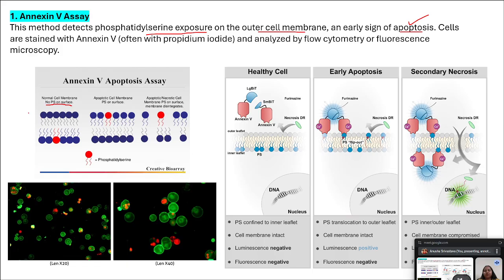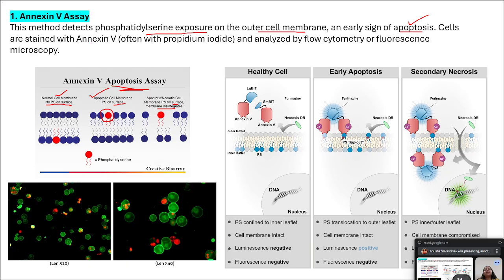This is the apoptotic cell membrane, and now you can see a phosphatidylserine moiety on the surface. So apoptotic or necrotic cell membranes have phosphatidylserine on the surface, and over time the membrane disintegrates. This is what happens in case of apoptosis.